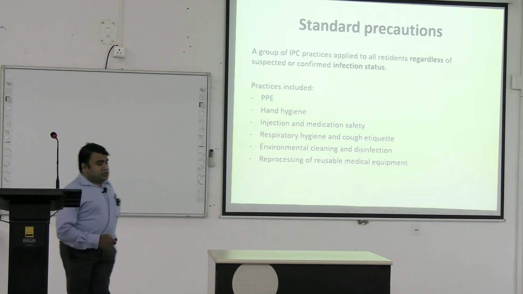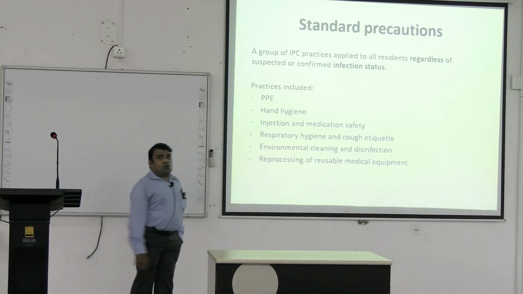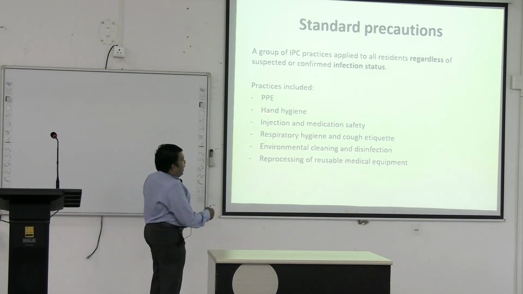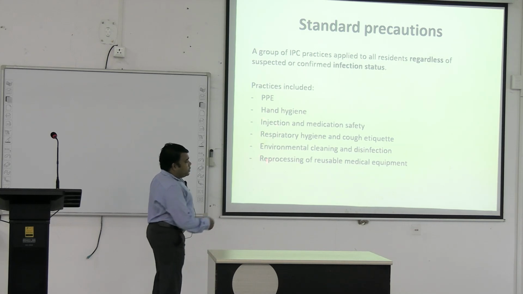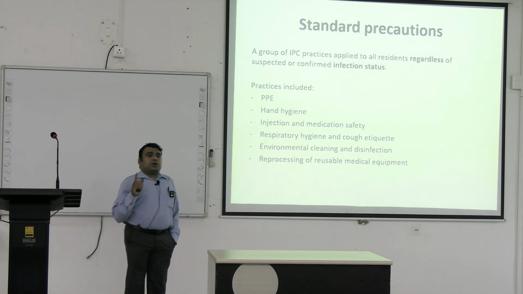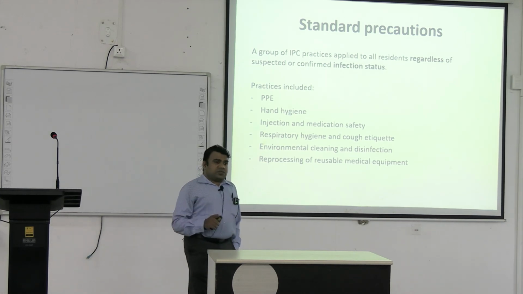Now, if you look at all these things, the first is to protect your own self, that is, to protect the healthcare worker. Hand hygiene and the rest are done to stop the infection from spreading by interrupting the mode of transmission.